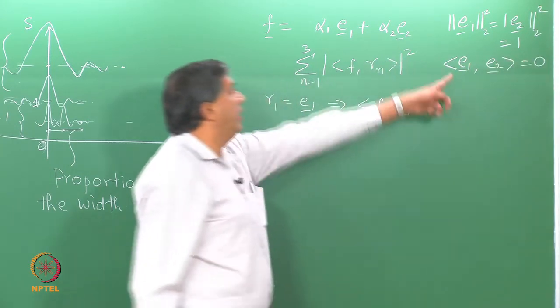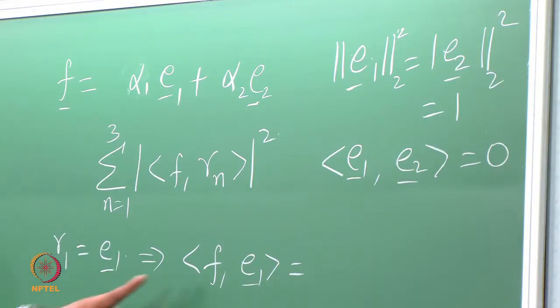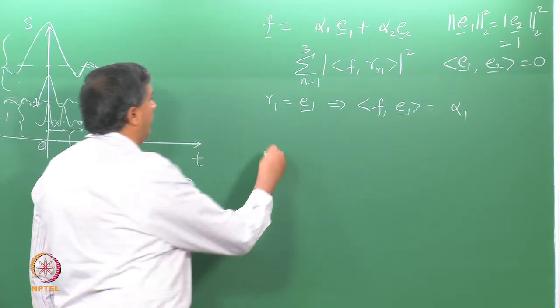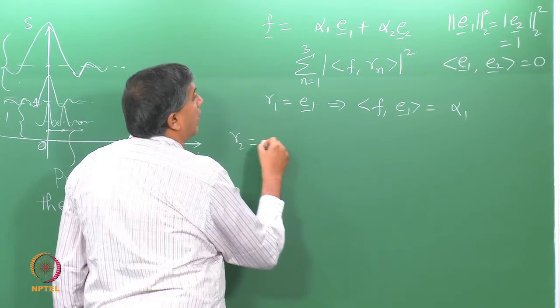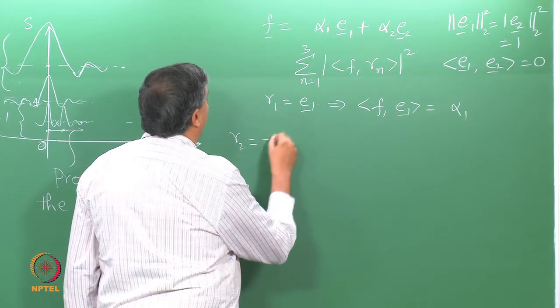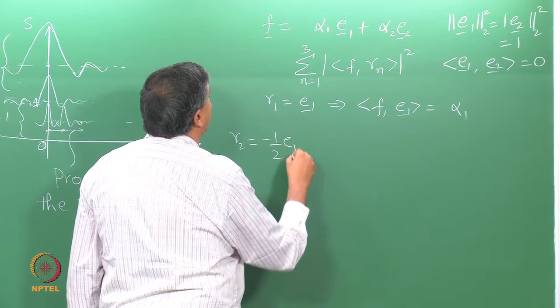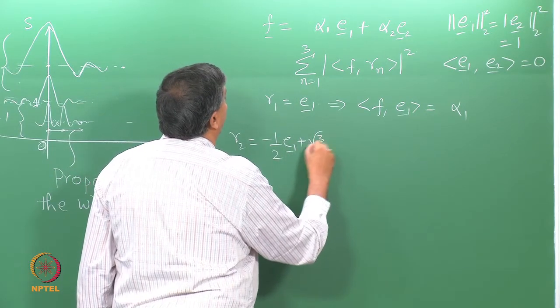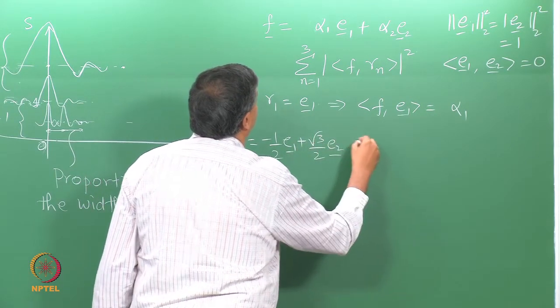So I just evaluate the inner product here, and what do I get? I get alpha 1. And then I have gamma 2 as minus 1 over 2 E1 plus root 3 over 2 E2.